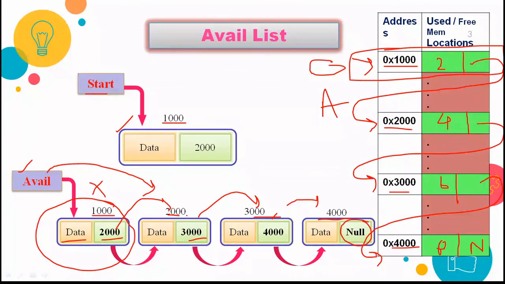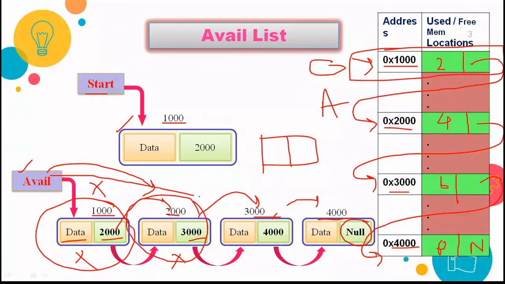Similarly, let's say I have to take one more node, and I have taken this node here in my linked list for storage of some program. Then again this node is no more there in the memory. Earlier the first one was removed, and now this one is being removed. Now avail is no more going to point to address 2000, but it will point to the next free location, that is 3000.